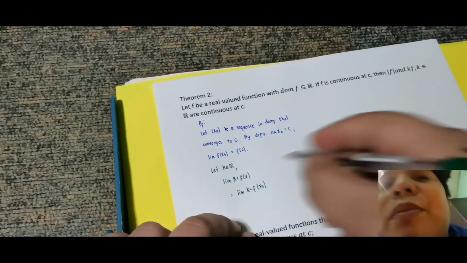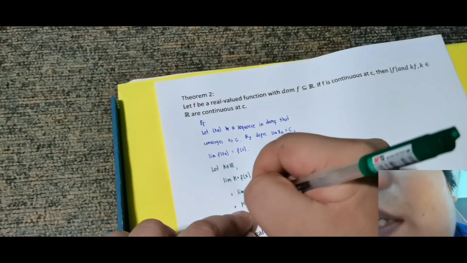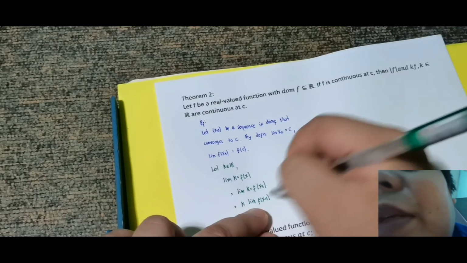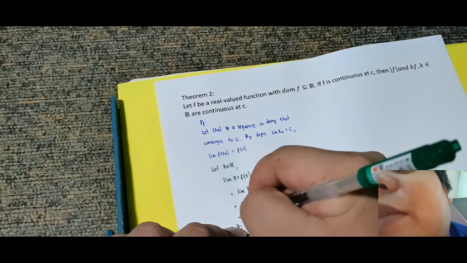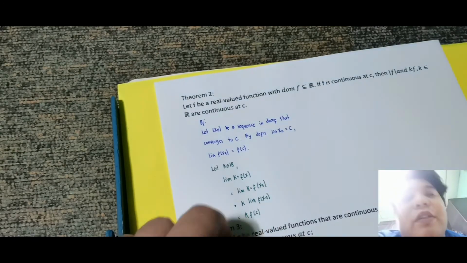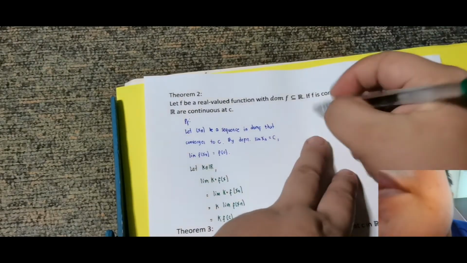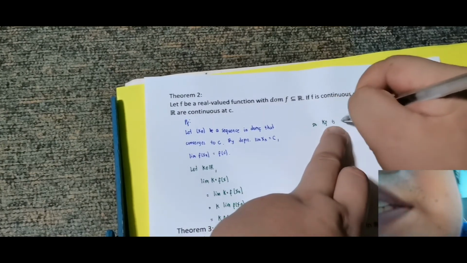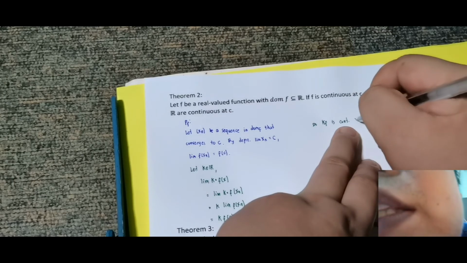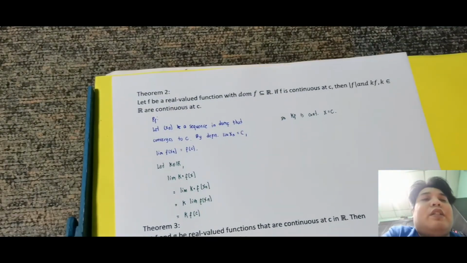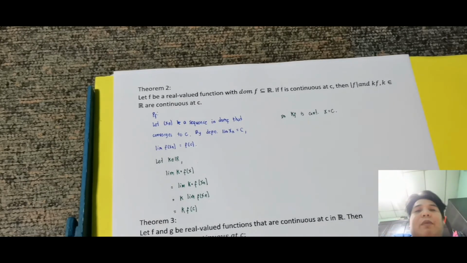Since k is a constant, pwede ko siyang ilabas sa limit. So this is k times limit of f of x sub n, then limit of f of x sub n is f of c, so k times f of c. Okay, therefore kf is continuous at x is equal to c. So ayun yung una.